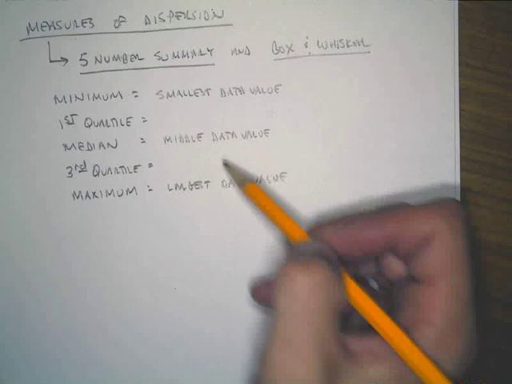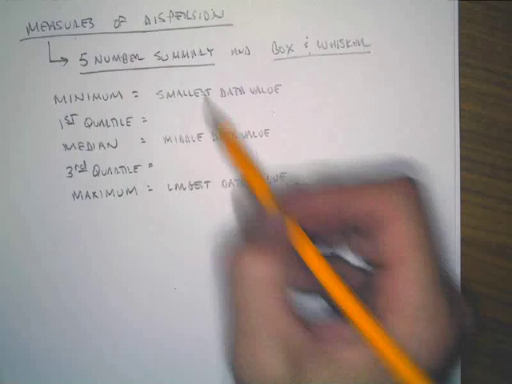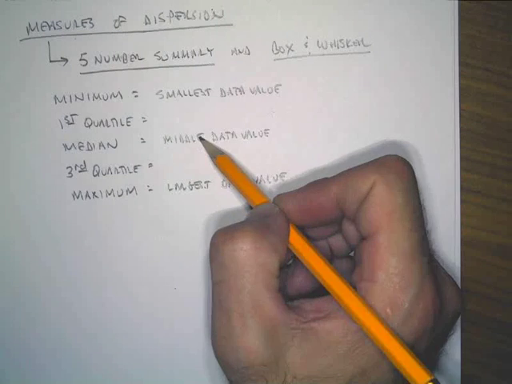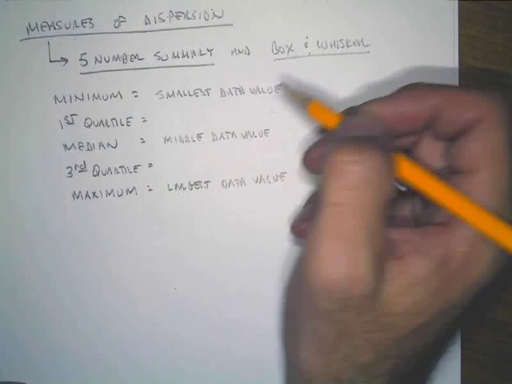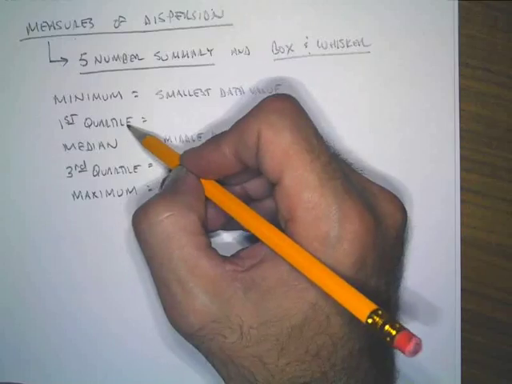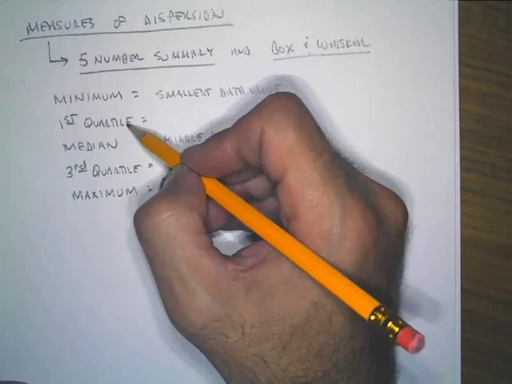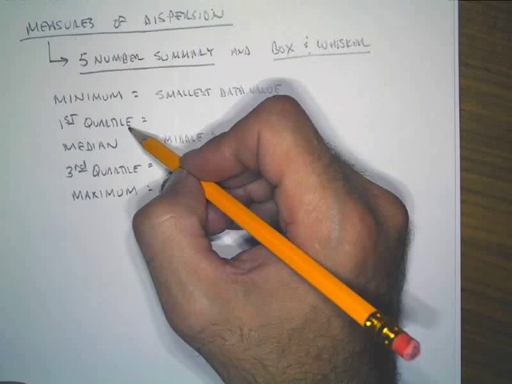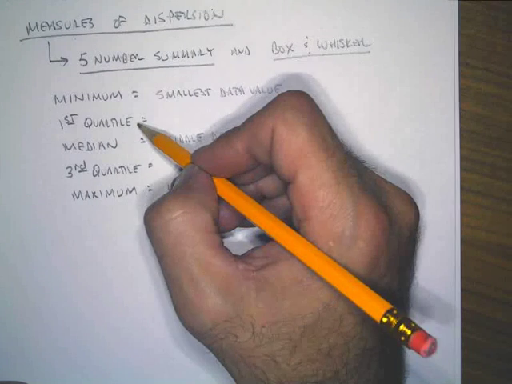So the way this works is we have the smallest, we have the largest, we have the data value in the middle. And so the question is, what's the first quartile? Well, the way you can think about this, quartile sounds like quarter.